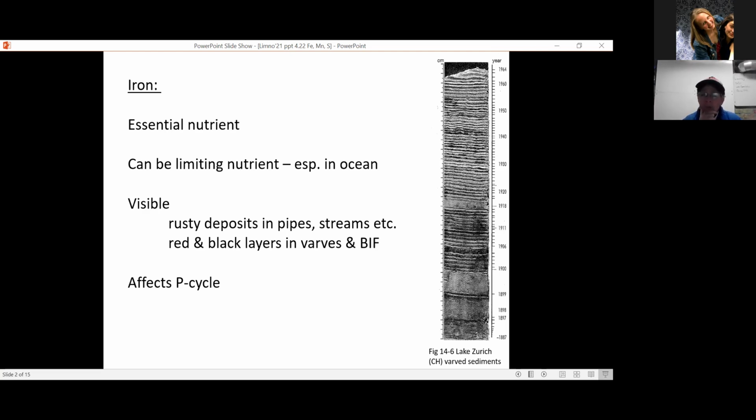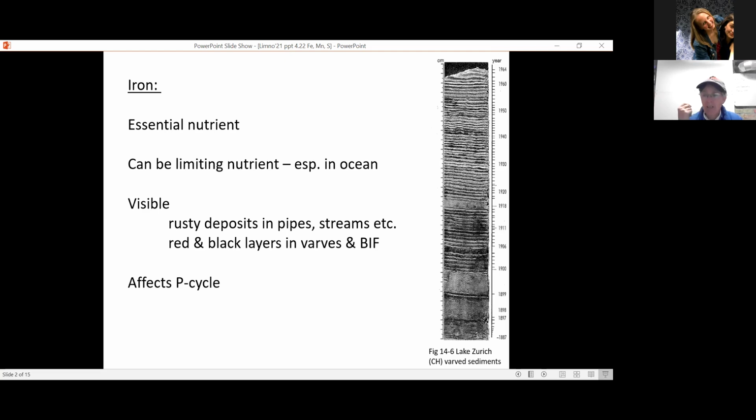And iron is sometimes the limiting nutrient. Even though not much is needed, it's sometimes the thing that limits growth. And this is especially true in the ocean, far from land. Most of the iron that enters water, lake water, ocean water, river water, washes in runoff from the land surface. There's almost no iron in the air.